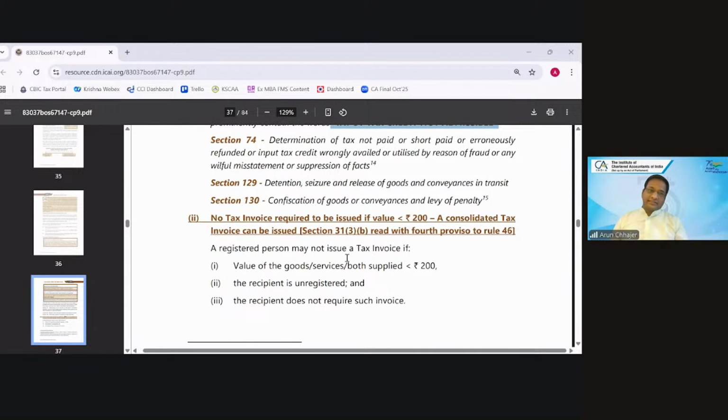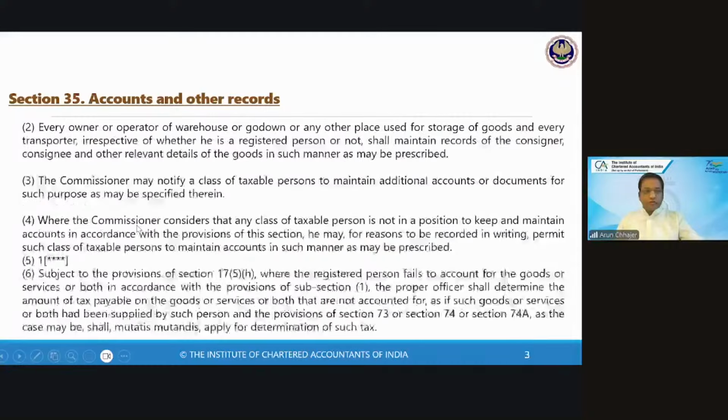Fourth proviso to Rule 46. Give me 1 minute. Let's read the rule from my PPT. By this, it will be very confusing. We are reading the rule from my PPT. So this PPT I will share with all of you.